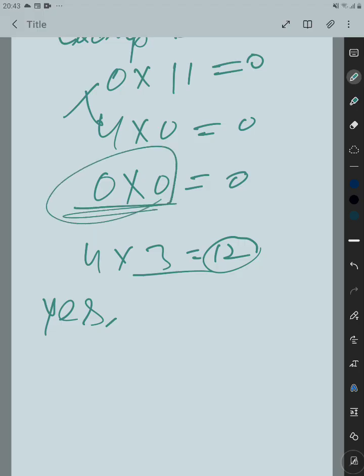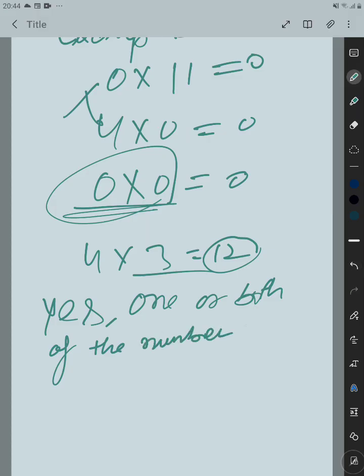So we can say yes, one or both of the numbers will be 0. Okay, so this is the answer. Let's take another question.